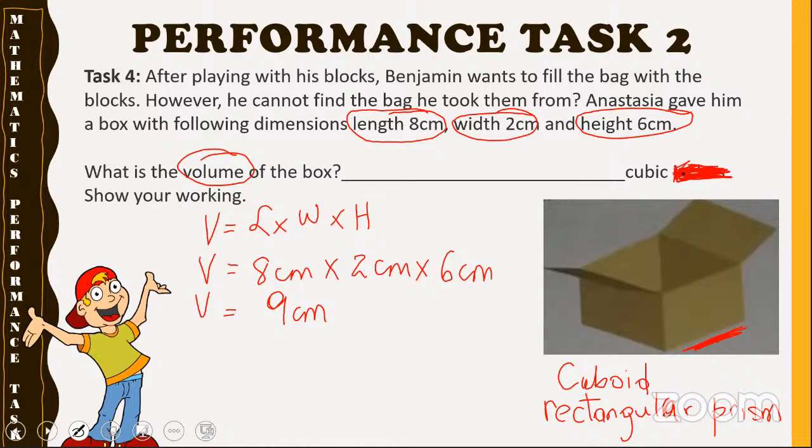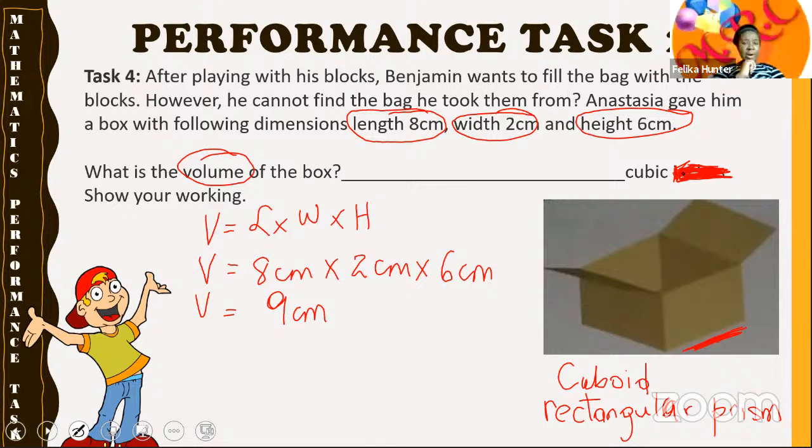Yes, miss. Okay, so what is it for volume? Unit squared. No, that's for area. Whatever the unit is, if it's centimeters, we'd say centimeters squared. If it's meters, we'd say meters squared. So that is for area. What would it be for volume?